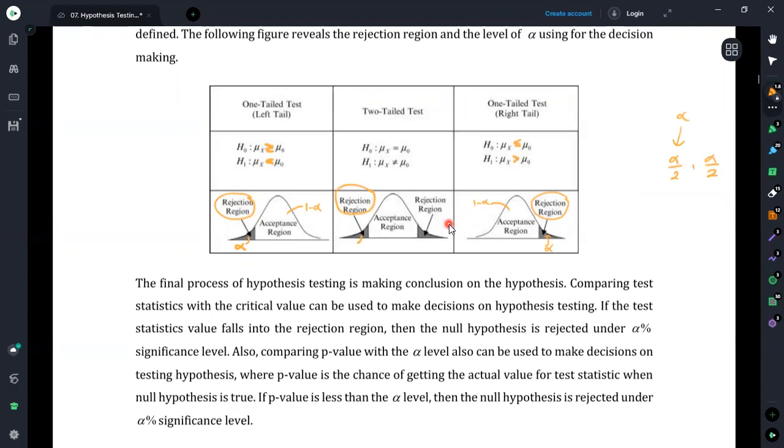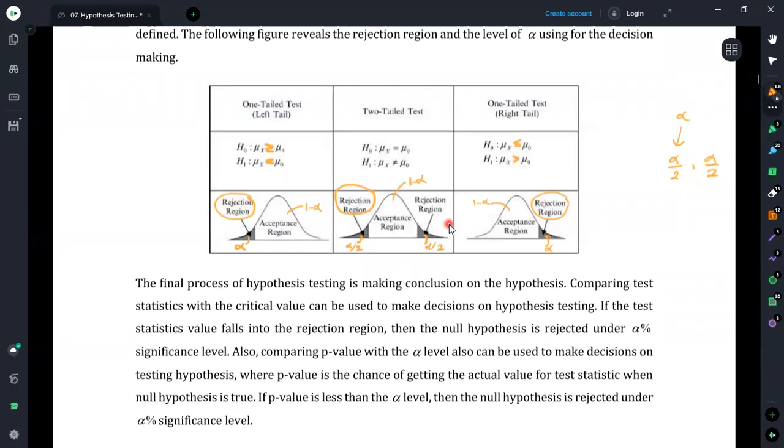Now you may understand from the previous sessions why we have used alpha divided by 2, since we need to find out the upper and the lower boundaries. Then the significance level has to be divided into two parts, but anyhow here also the acceptance region would be 1 minus alpha.